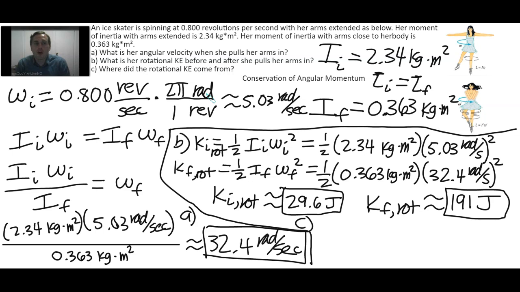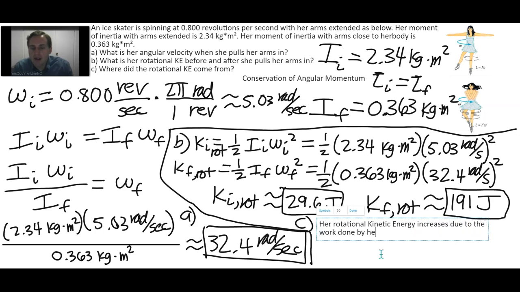So remember, work is like force times displacement. So we can say the following. We can say her rotational kinetic energy increases due to the work done by her arms forcing mass into the center at a smaller radius. Okay.